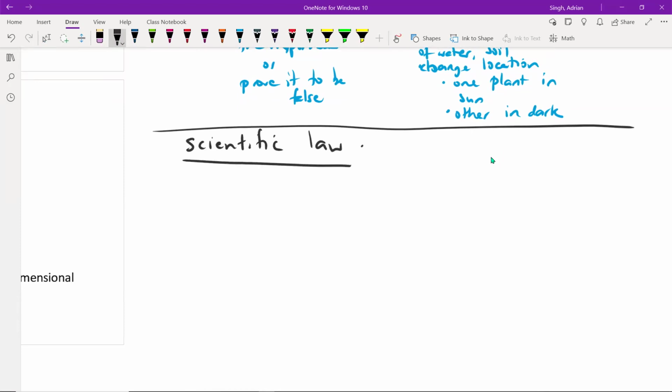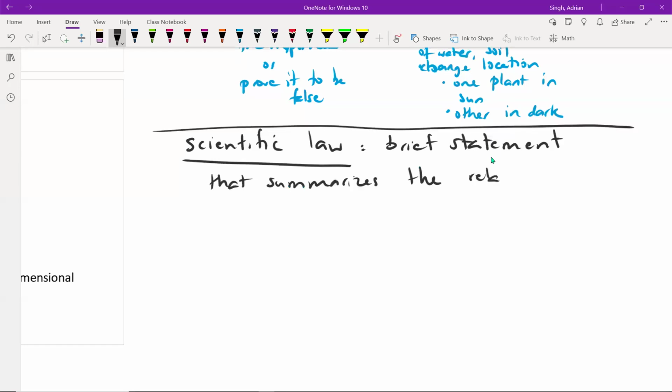So a scientific law is typically a brief statement that summarizes the relationship or the behavior of a system.